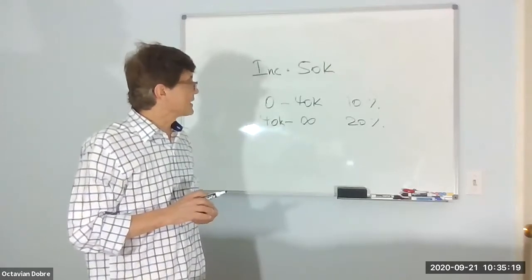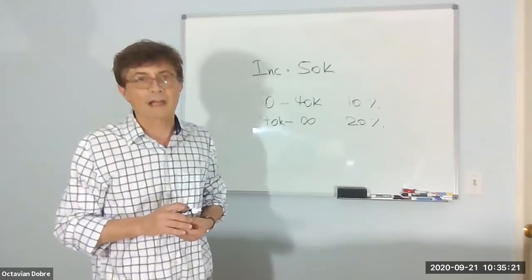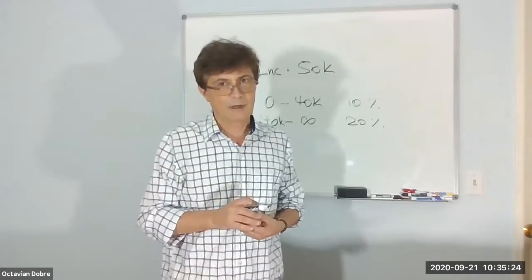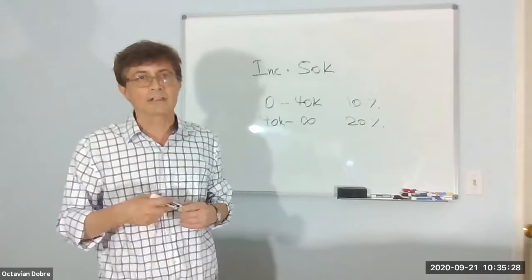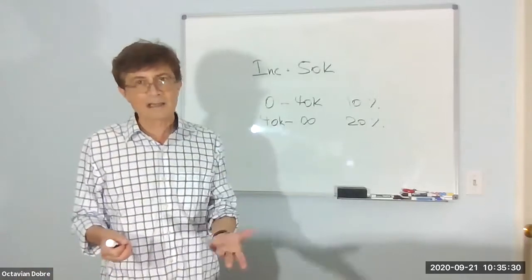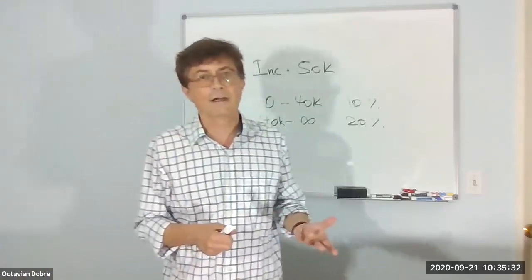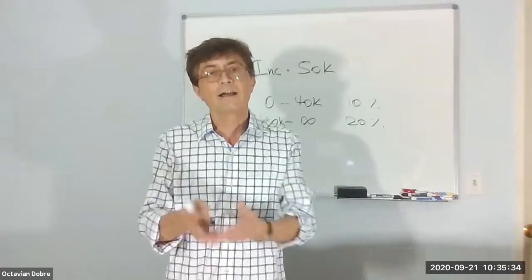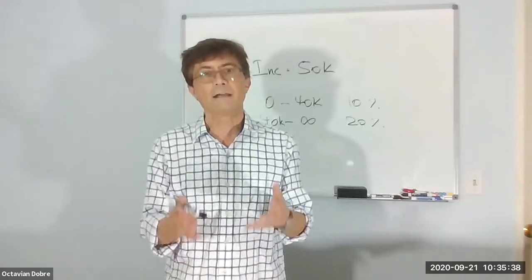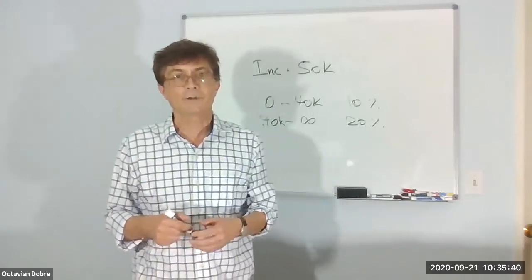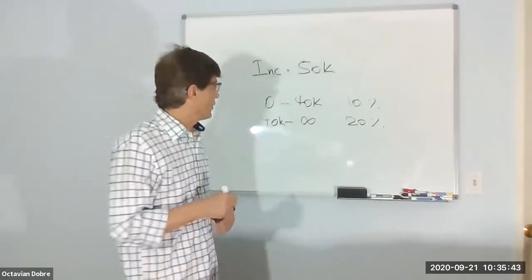And now let's calculate what is the average tax rate for that person. In other words, how much on average will they pay to Uncle Sam out of their income? Obviously, for that, we need to calculate how much they owe in taxes, and then we're going to take that amount they owe in taxes divided by the income, and then times 100 to put it in percentages. So let's take a look.